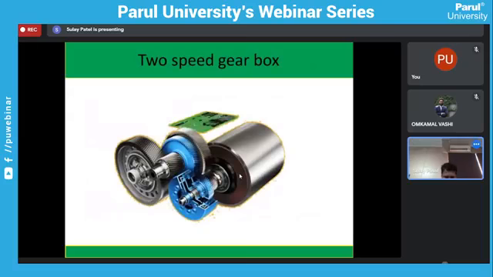Again, there are some chemical and electrical engineers who are reducing the size of the battery. Few electrical engineers and researchers are working on reducing the size and increasing the efficiency of electric motors. And few mechanical engineers are now thinking about utilizing a multi-speed gearbox.